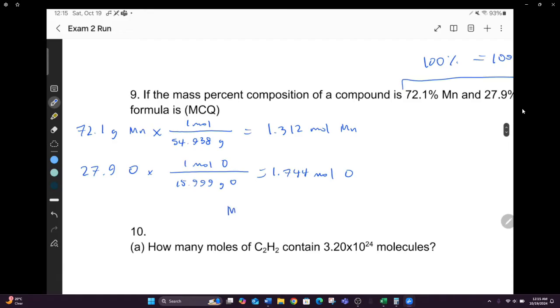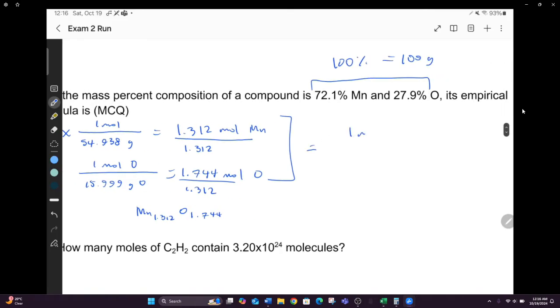So what this tells us is, if you had 100 grams of this compound, your formula would be Mn 1.312 O 1.744. This number is not that fun to look at, so we reduce it to the lowest whole number by dividing both by 1.312.